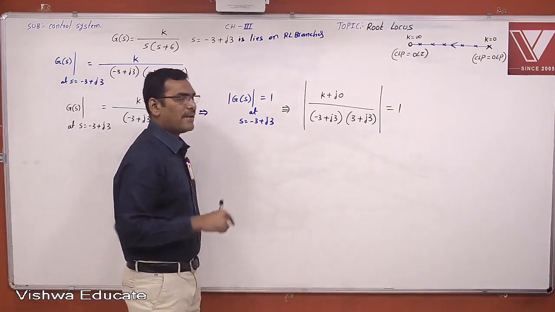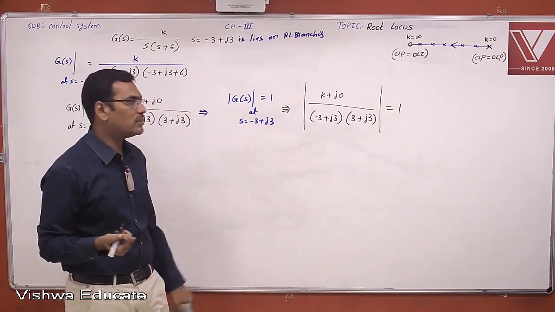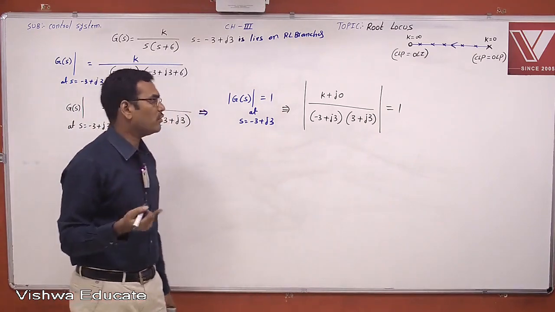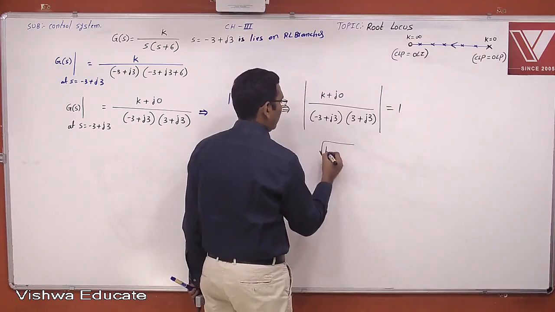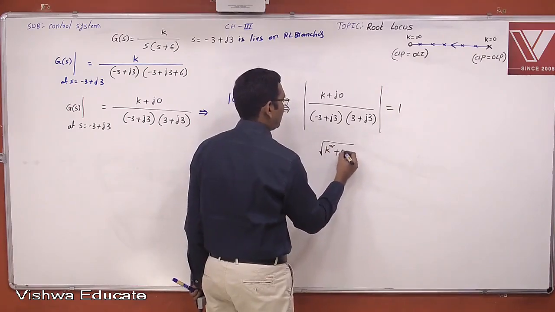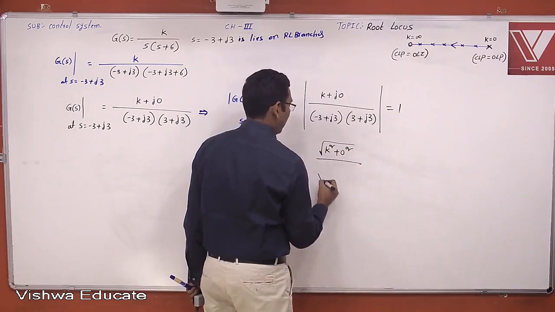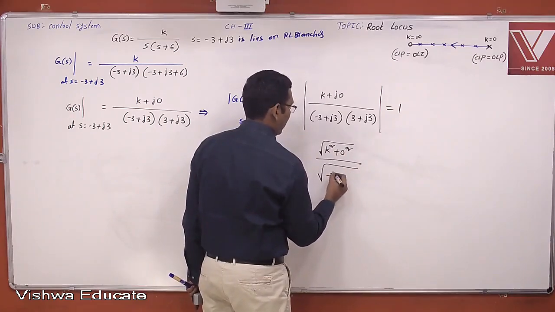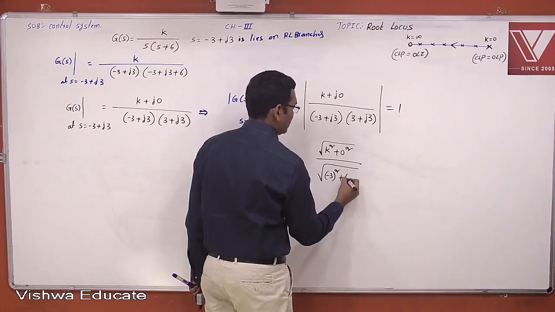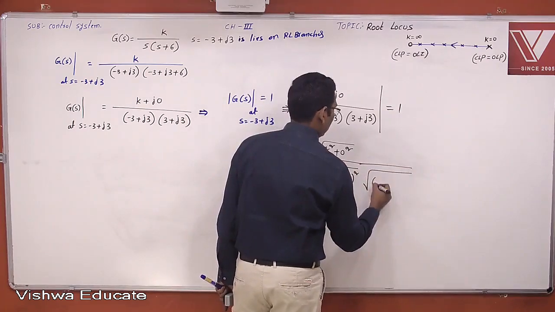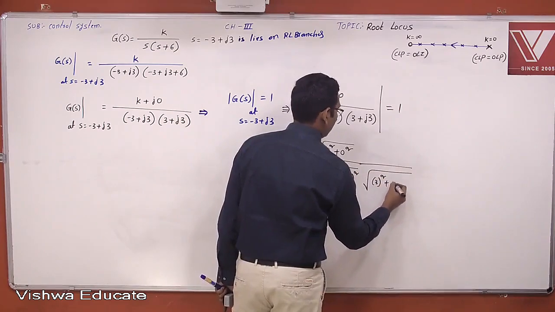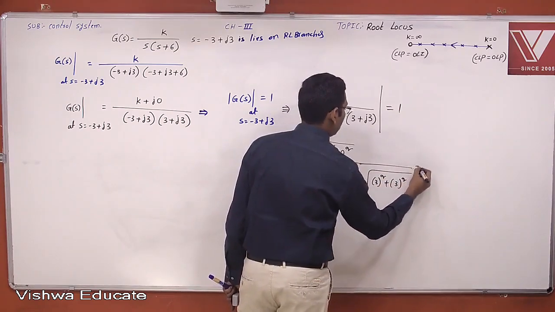In this question the angle condition is satisfied, therefore you can use the magnitude condition. So K divided by the square root of minus 3 squared plus 3 squared, times the square root of 3 squared plus 3 squared, is equal to 1.